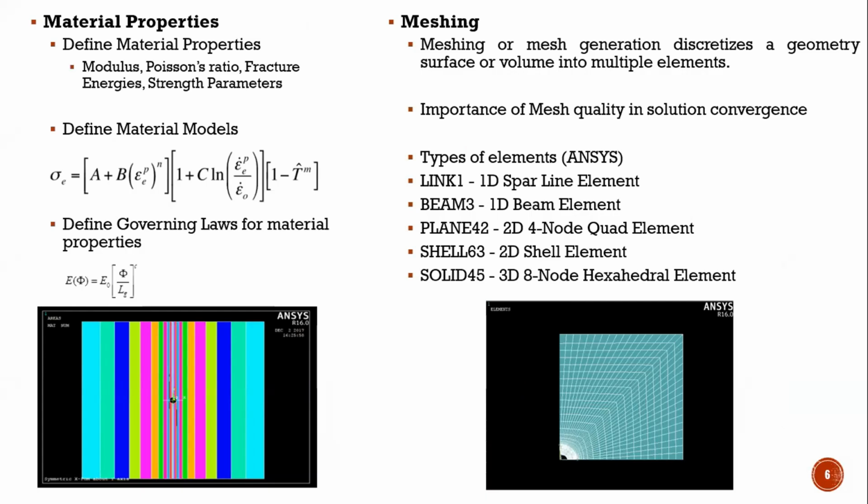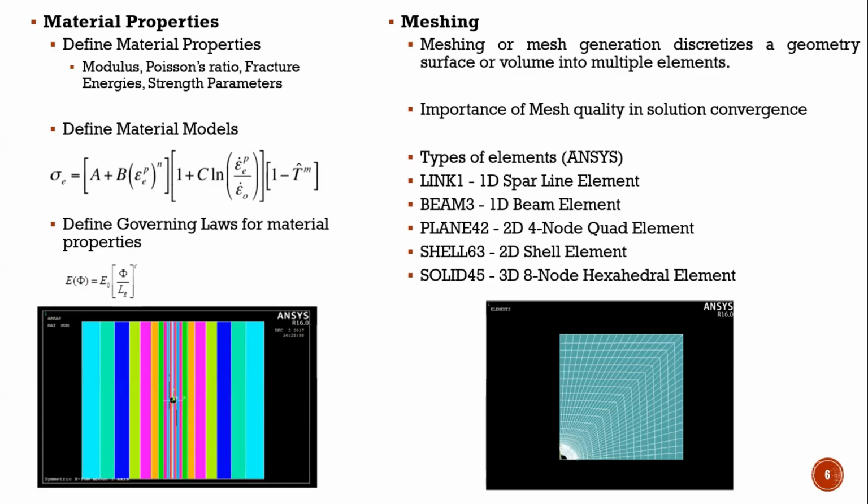After defining the geometry, we have a module of material properties. It's in general in any software package. Here we define our different material properties such as modulus, Poisson's ratio, fracture energies, strength parameters, and some interfacial properties. There are n number of properties that we need to define, depending on the problem. For isotropic materials, we just need to give moduli, Poisson's ratio and fracture energies.